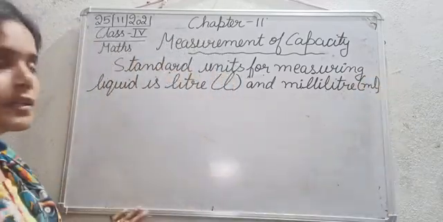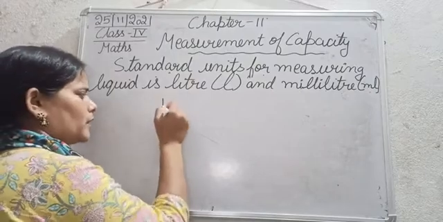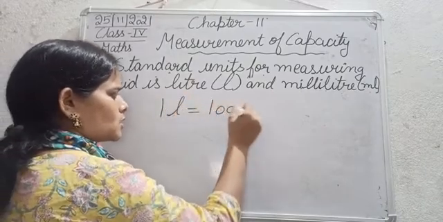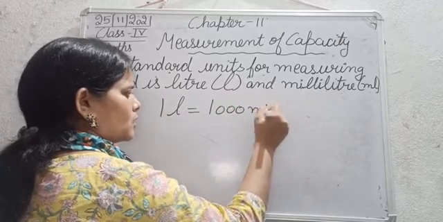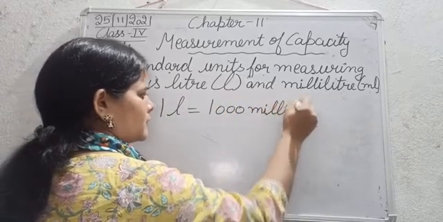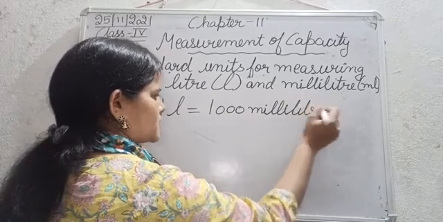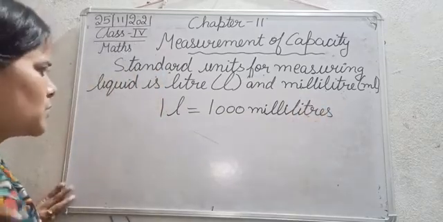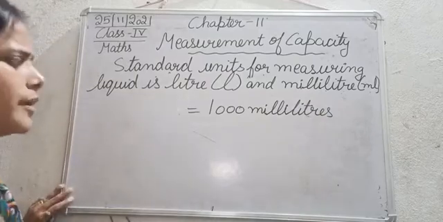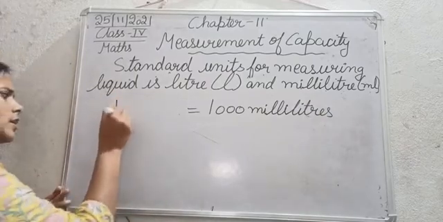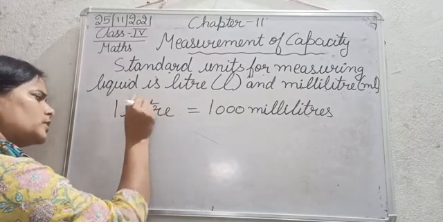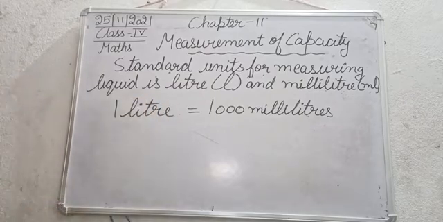Another thing is 1 liter is equal to 1000 milliliters. 1 liter is equal to 1000 milliliters, you can write it completely.